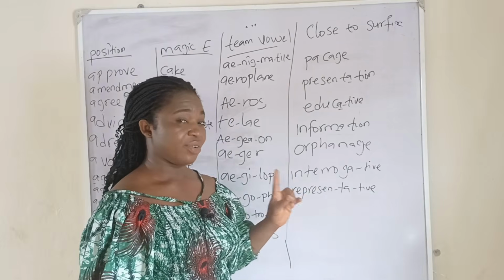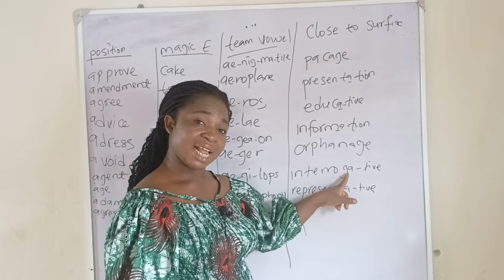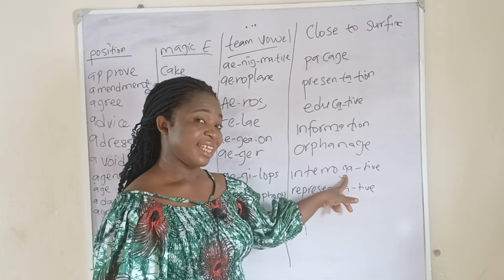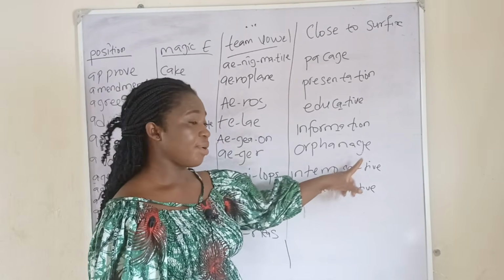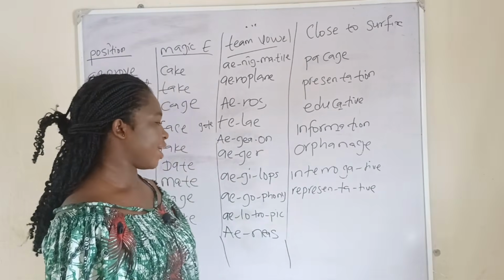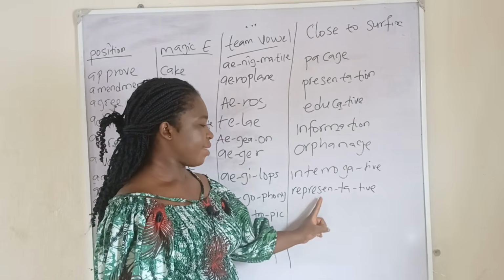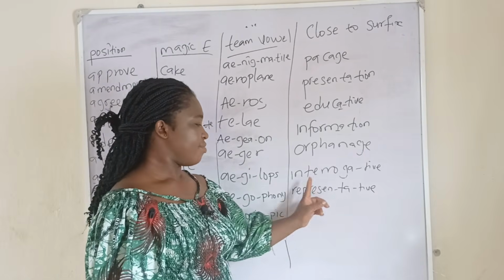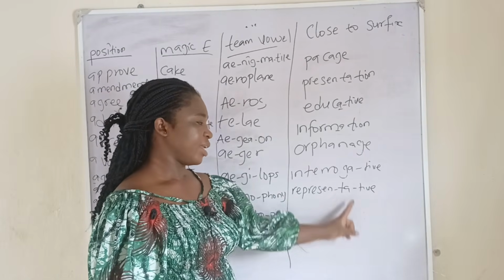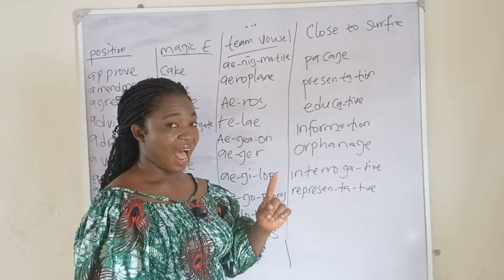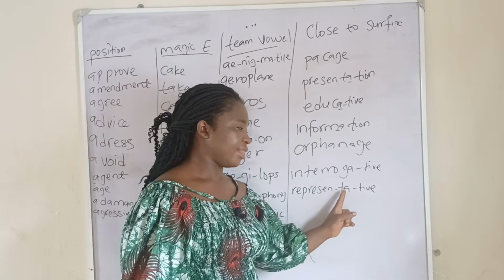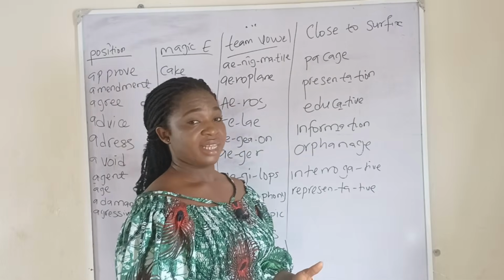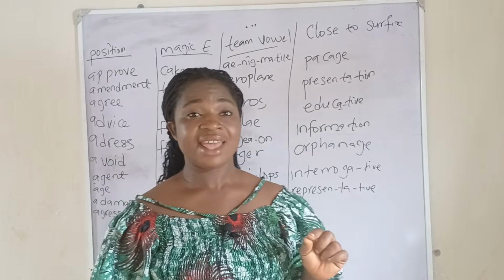Now it wasn't ga, it is ge, a. Okay, interrogative. Okay, now we have representative. It is not sounding A, it is sounding A. Representative, it is sounding A and not A.